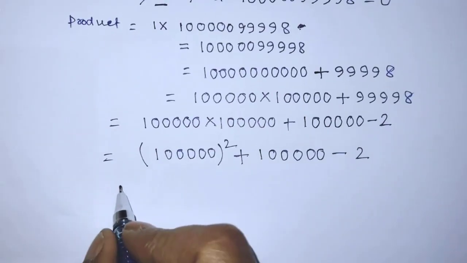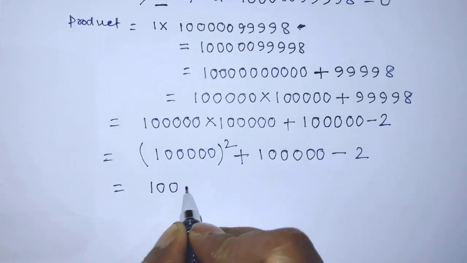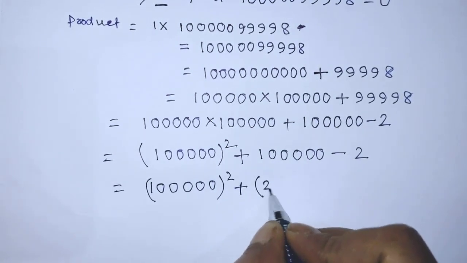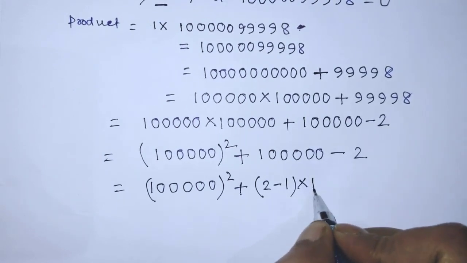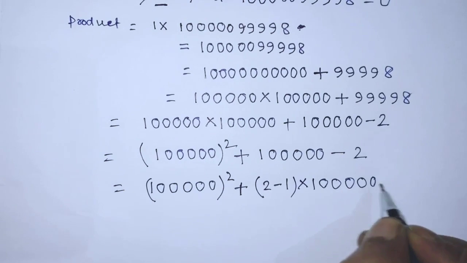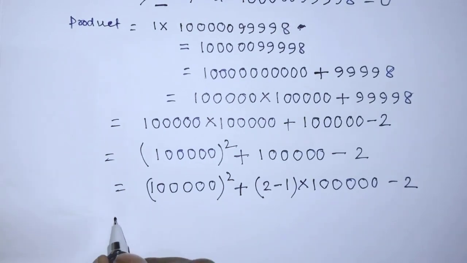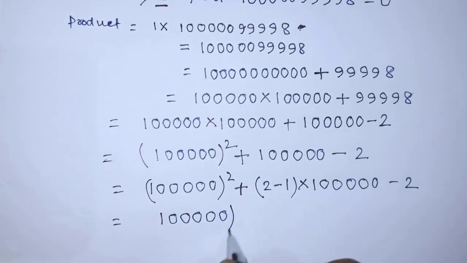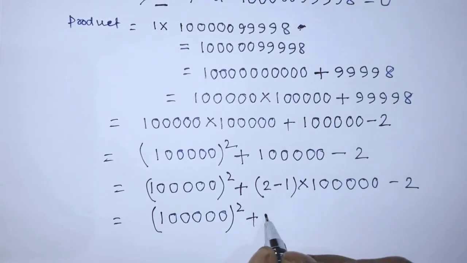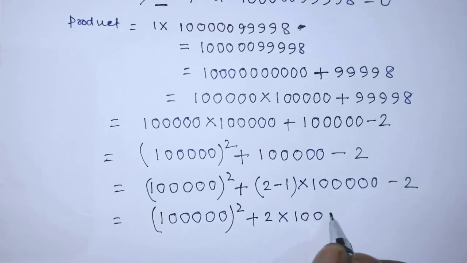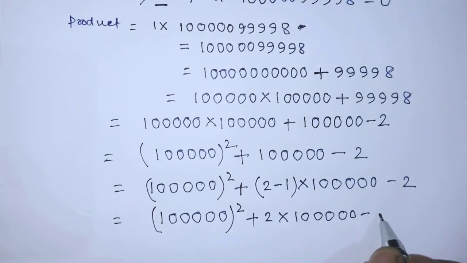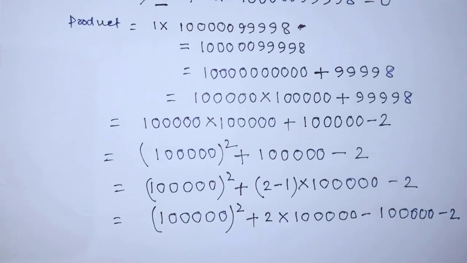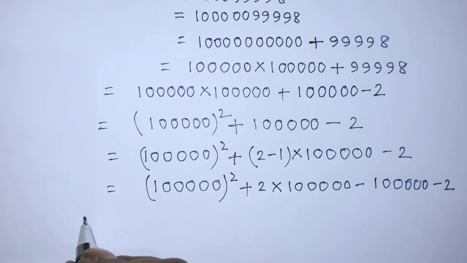According to the middle term factor rule, we can write this expression as 1 lakh whole to the power 2 plus 2 minus 1 times 1 lakh minus 2, which is 1 lakh whole to the power 2 plus 2 times 1 lakh minus 1 lakh minus 2.